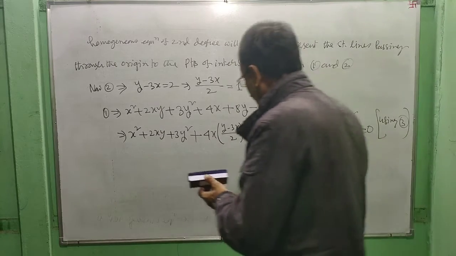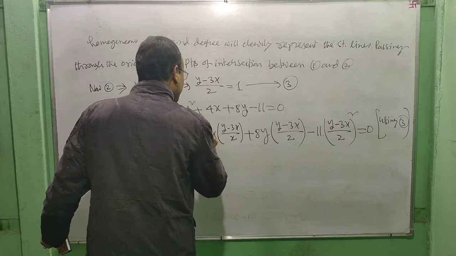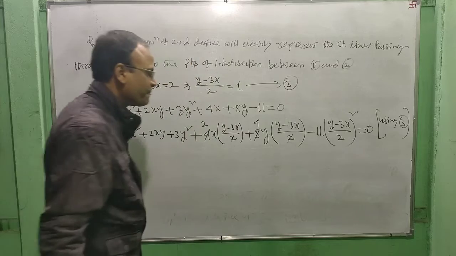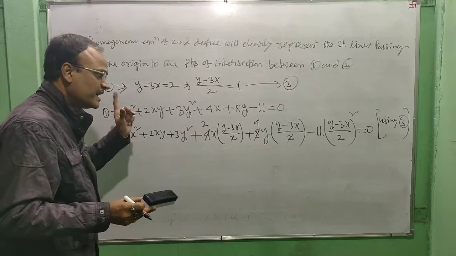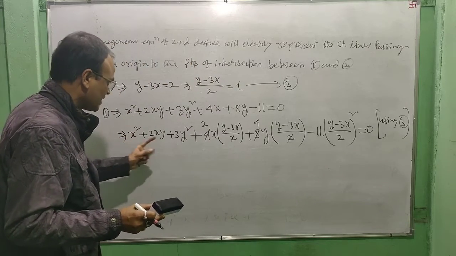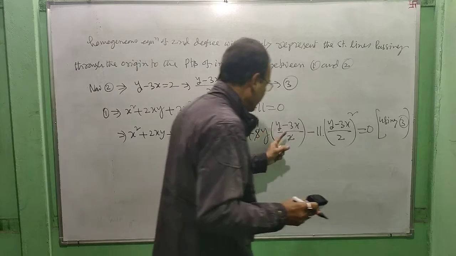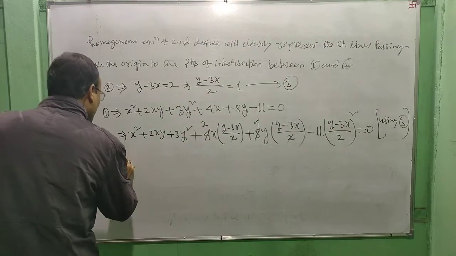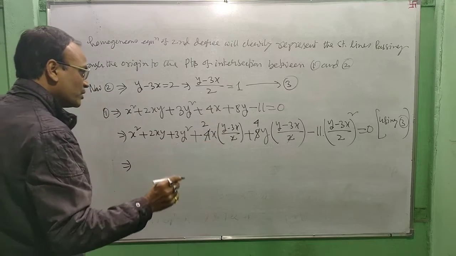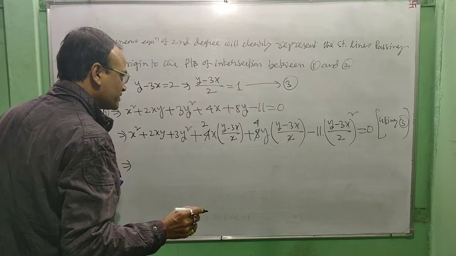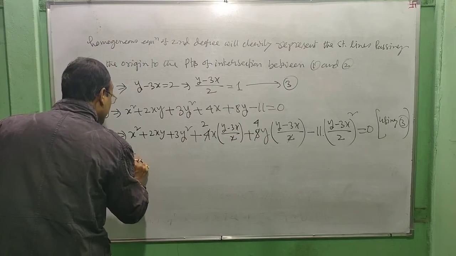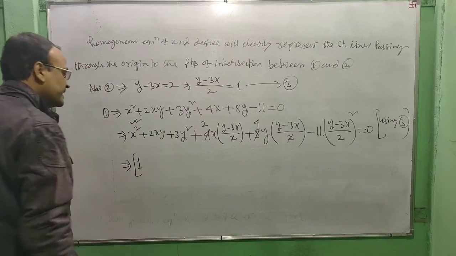Now, 2 will be cancelled here, and it will be 4. Now see how many terms are there. 1, 2, 3, 4, 5, 6, 7, 8, 9, 10. 10 terms are there. Out of these 10 terms, the terms involving x square: here it is 1.